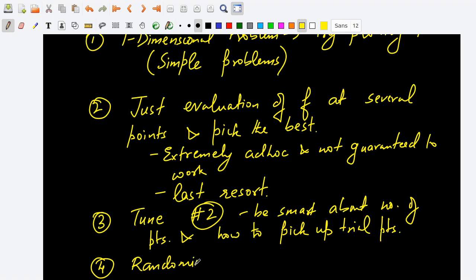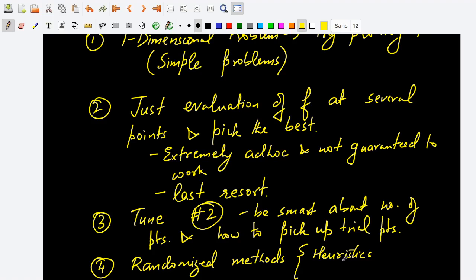So instead of picking points by thinking about them, what you can just do is use a random generator so that you get a different point every time, and then pick the best out of those randomized points, and you get a lot of heuristics out of this, depending on how sophisticated you are in randomizing and learning from the previous samples.